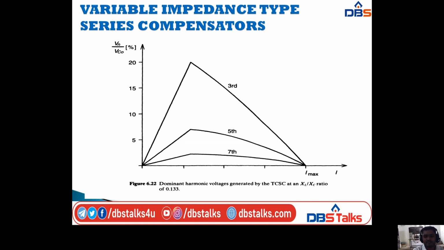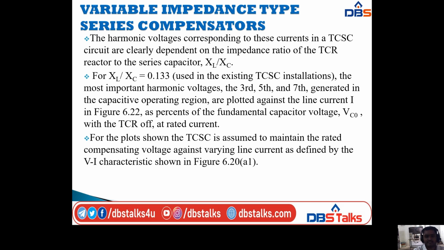This shows the dominant harmonic voltages generated by the TCSC at an XL by XC ratio of 0.133. The plot is drawn between VH by VC0 in percentage, from 0 to 20%, and the current I, for the 3rd, 5th and 7th harmonics of the TCSC.